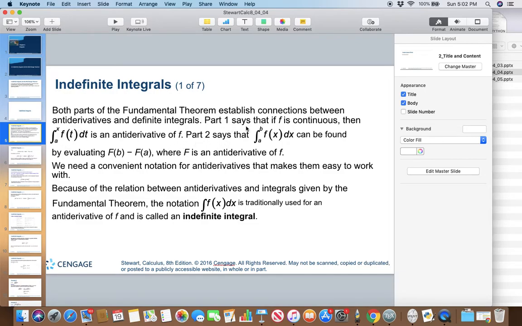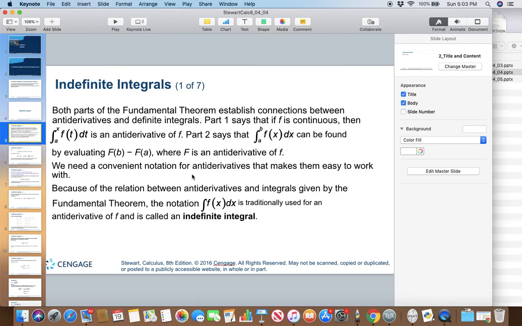Part 1 of the fundamental theorem of calculus states that if f is continuous, then this particular function, the area-so-far function, is an antiderivative of f. Part 2 says that the definite integral from a to b of f(x) dx can be found by evaluating the difference of capital F at b and capital F at a, where capital F is an antiderivative of f.